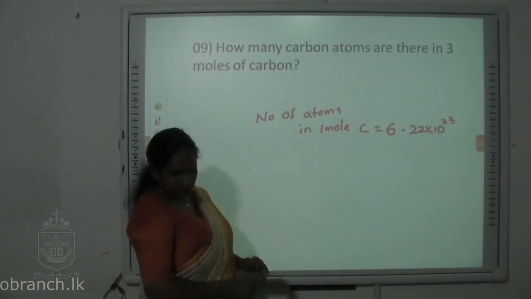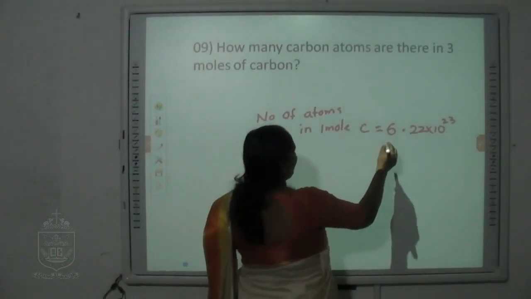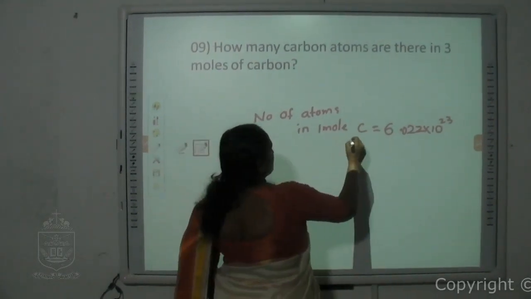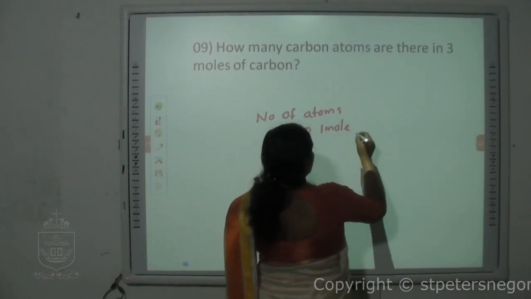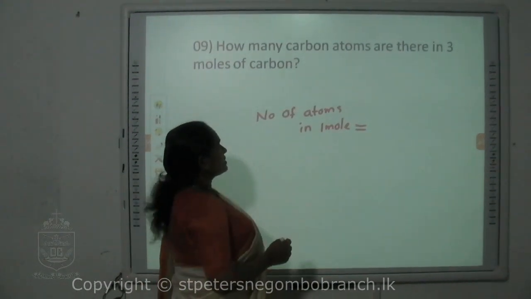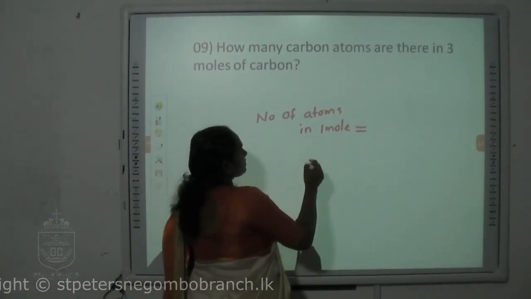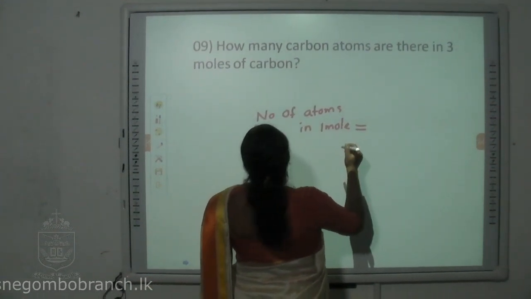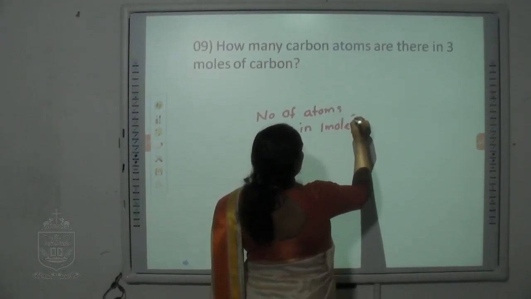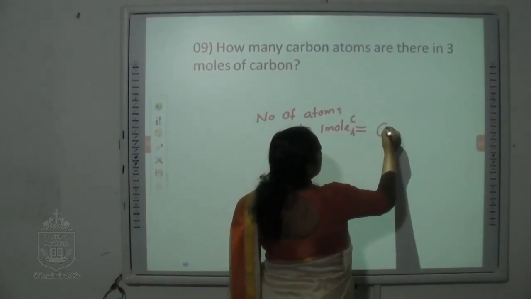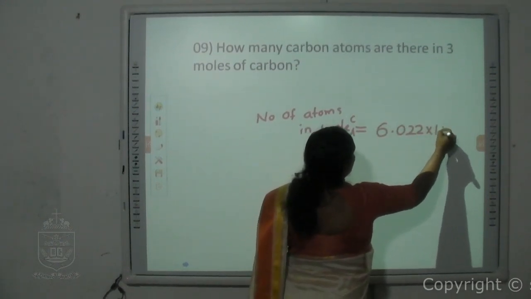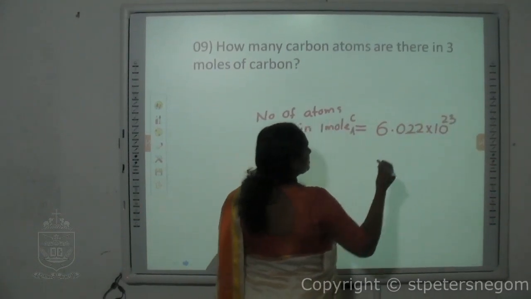Number of atoms in 1 mole of carbon is 6.022 into 10 to the power 23.